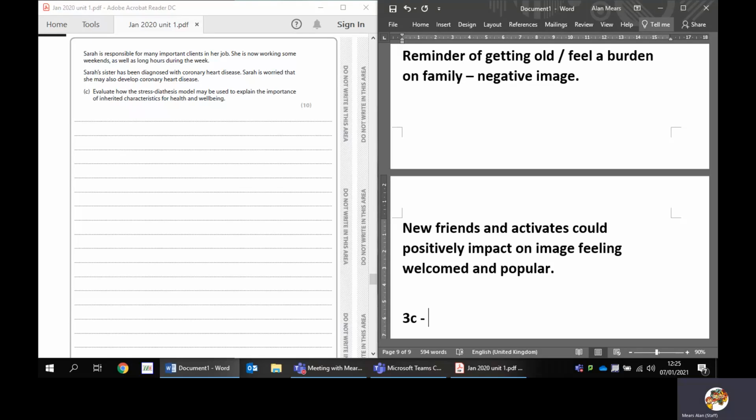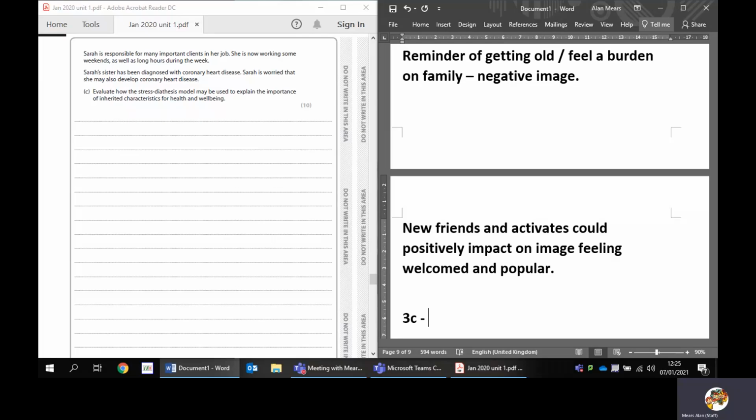So evaluate the stress diathesis model and how it may be used to explain the importance of inherited characteristics for health and well-being. Now, the stress diathesis model is a really good one, because essentially the idea being that if you are stressed, you are in a higher or increased position to develop illnesses and diseases.